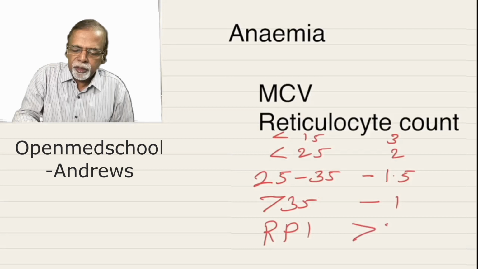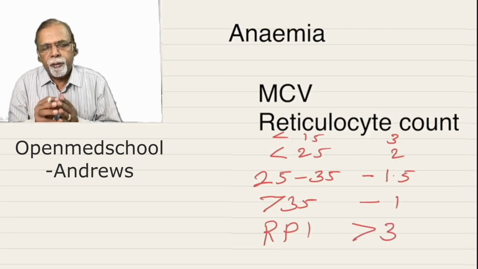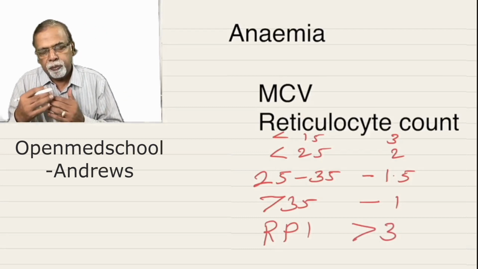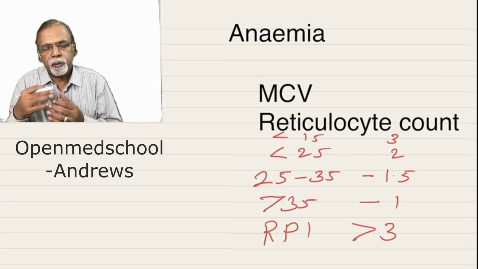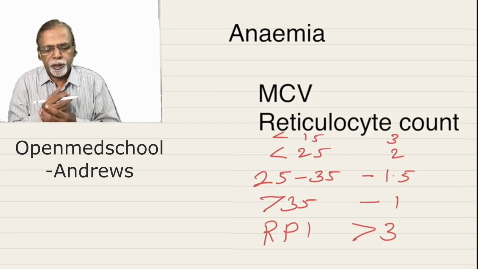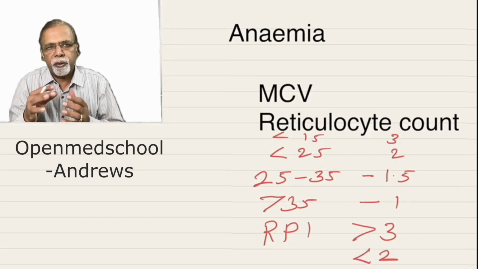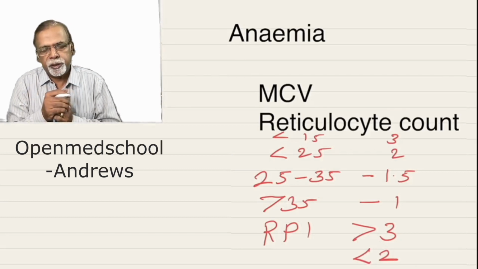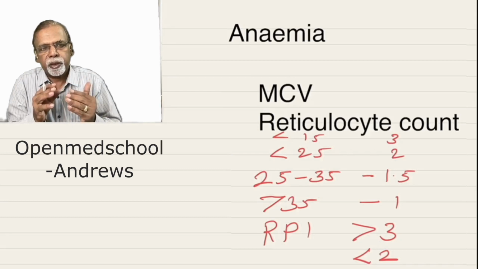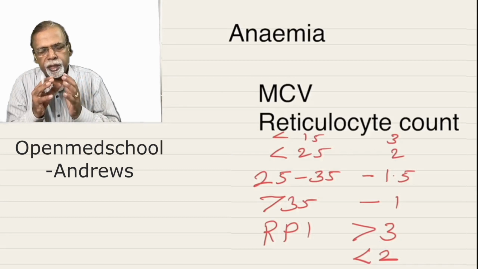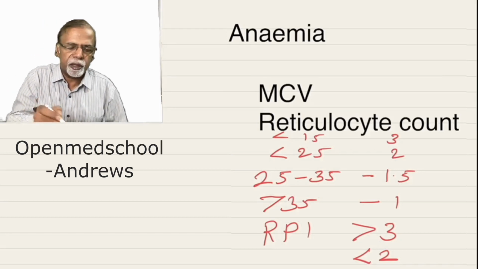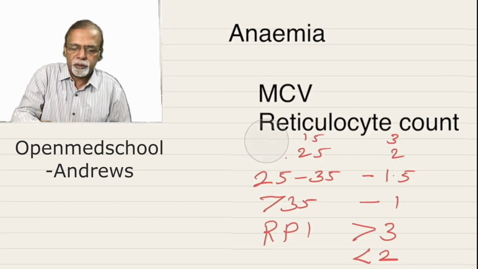If it is more than 3, that means there is a hypercellular bone marrow. The bone marrow is trying to produce a large quantity of reticulocytes. If it is less than 2, we can consider that the bone marrow's response is not adequate. So this is how you identify hypoproliferative and hyperproliferative anemias depending upon the reticulocyte count.